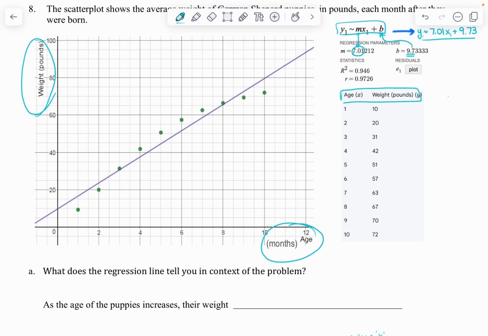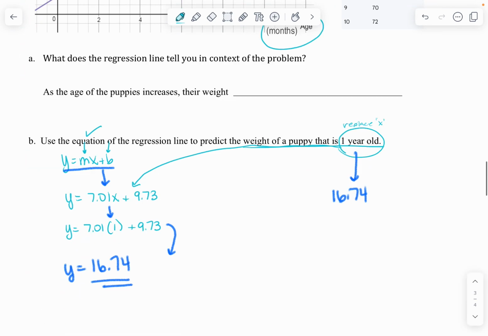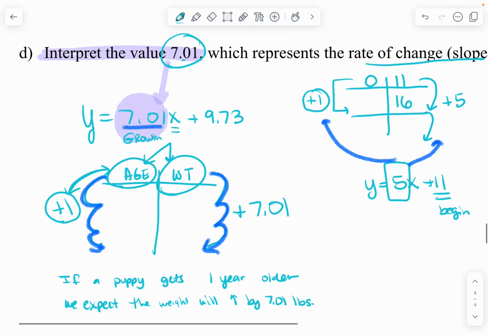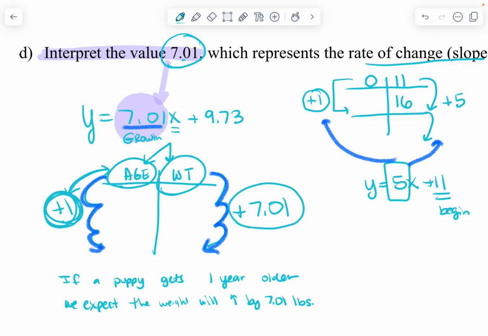As a puppy gets older, it gets heavier. That makes sense. But how much heavier? That's what that number's trying to explain to us. That 7.01 is how something is changing as the other thing is changing. So it's relating those two things together using numbers.